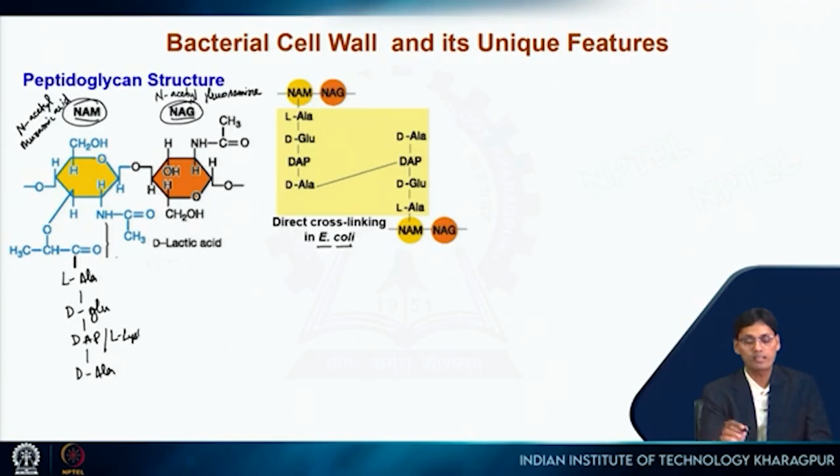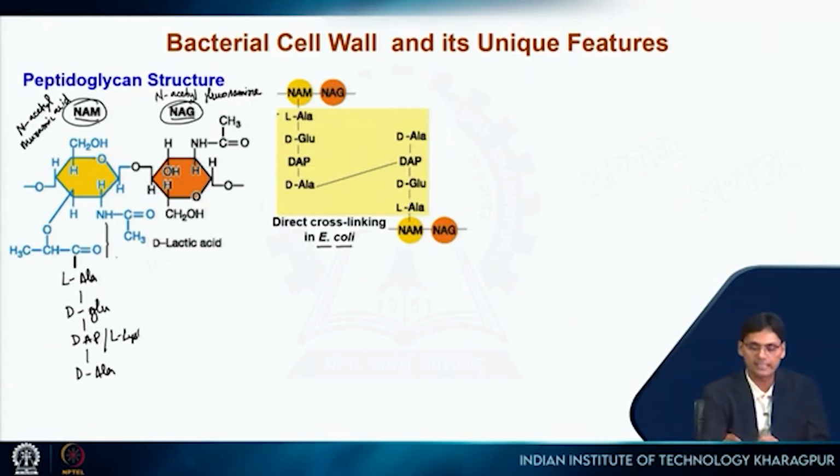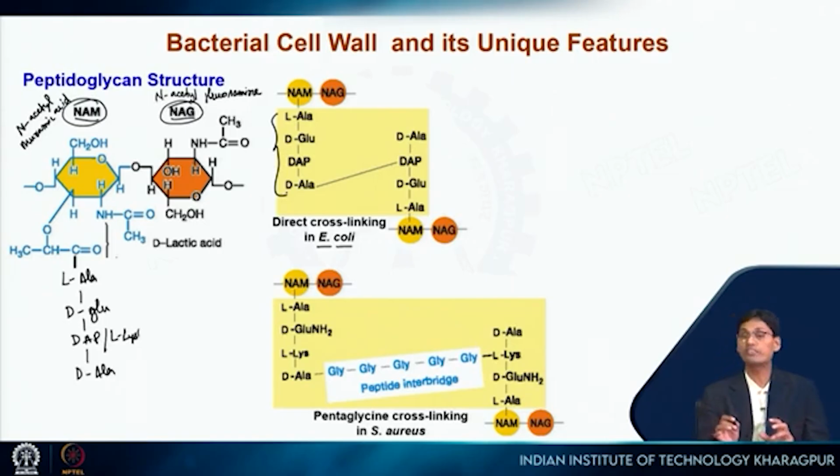So we have a chain of sugar polymer with repeating subunits, NAM, NAG, NAM, NAG. And then there is a small peptide chain, mostly made up of four amino acids, hanging from the N-acetyl muramic acid, as you can see here. These amino acids are a little bit different.